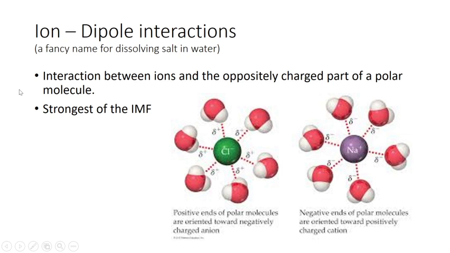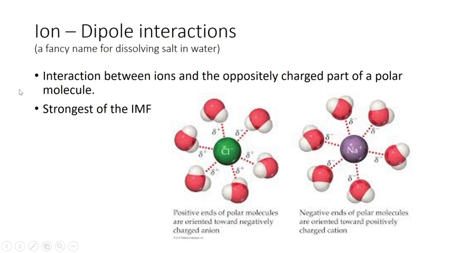And then in the other picture, the negative ends of the polar molecule, or the oxygen on water, are facing towards the positively charged cation, which in this case is sodium. So sodium chloride dissolved in water. Essentially, it's the interaction between the oppositely charged end of a polar molecule and some sort of ion.